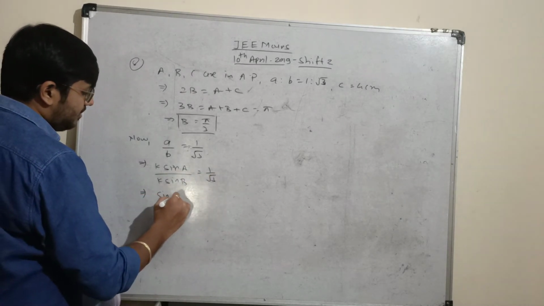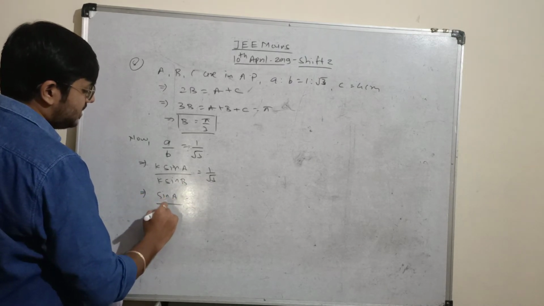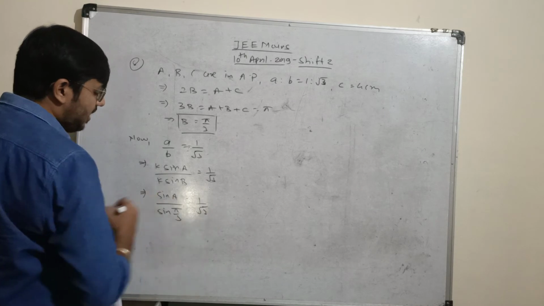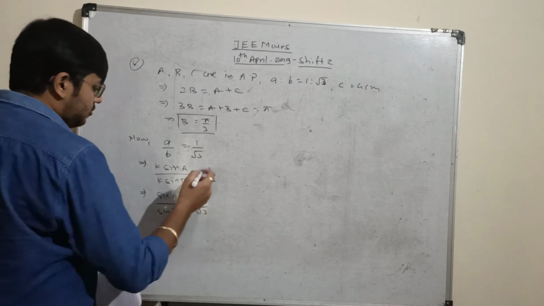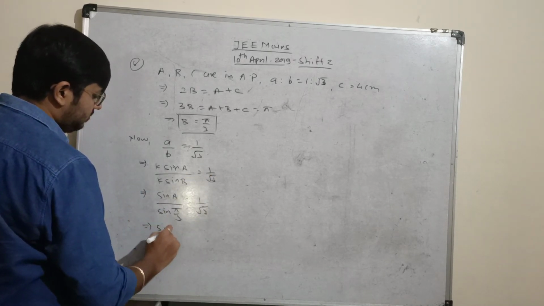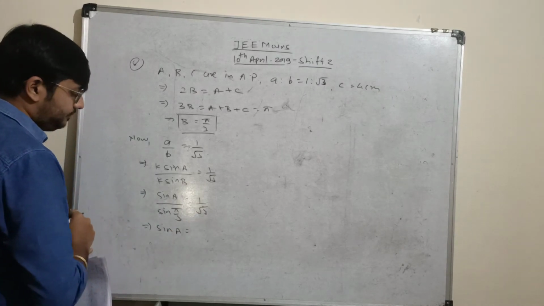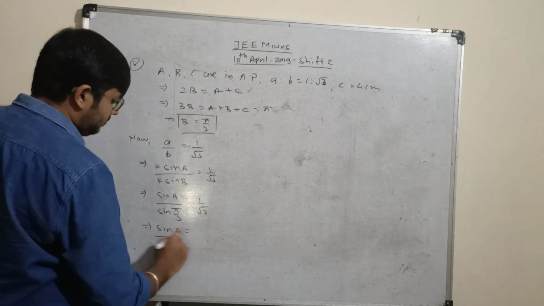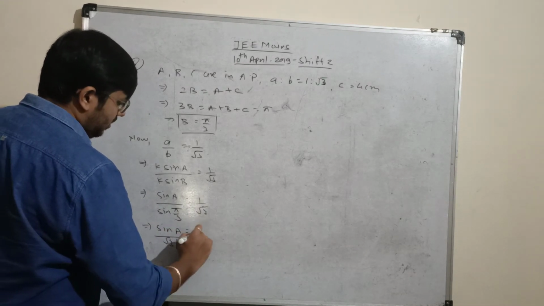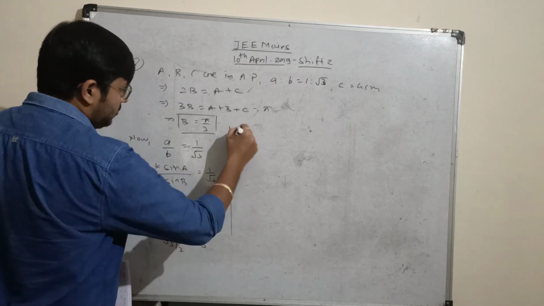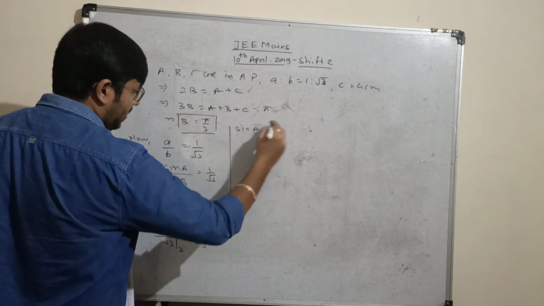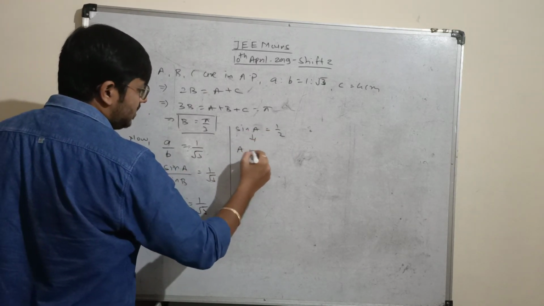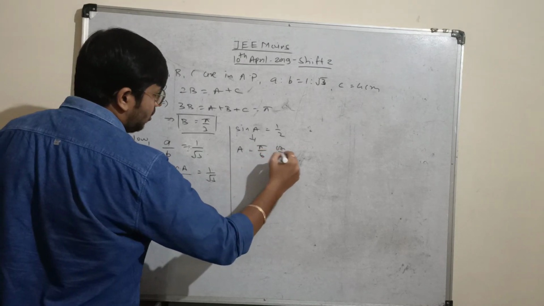So sine A upon sine B, with sine B as sine pi by 3 that is root 3 by 2, equals 1 by root 3. So sine A will be 1 by 2. If sine A equals 1 by 2, then A equals either pi by 6 or 5 pi by 6, right?